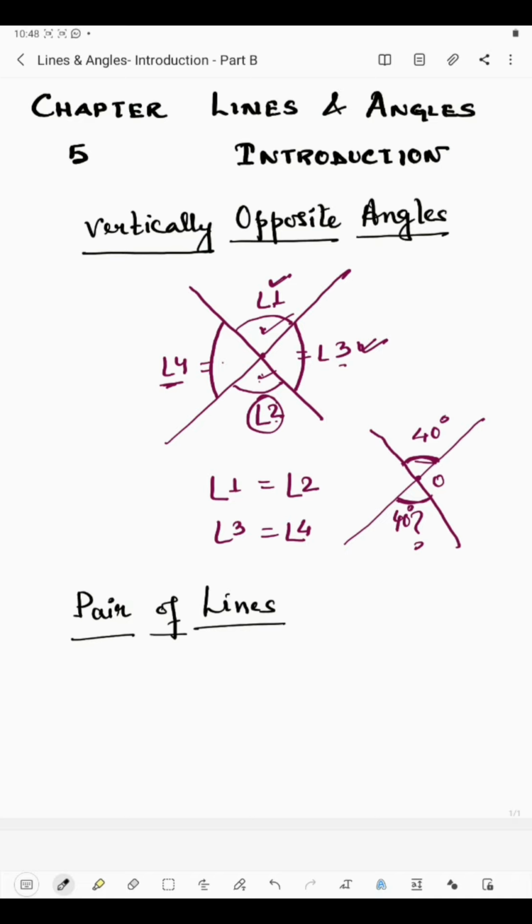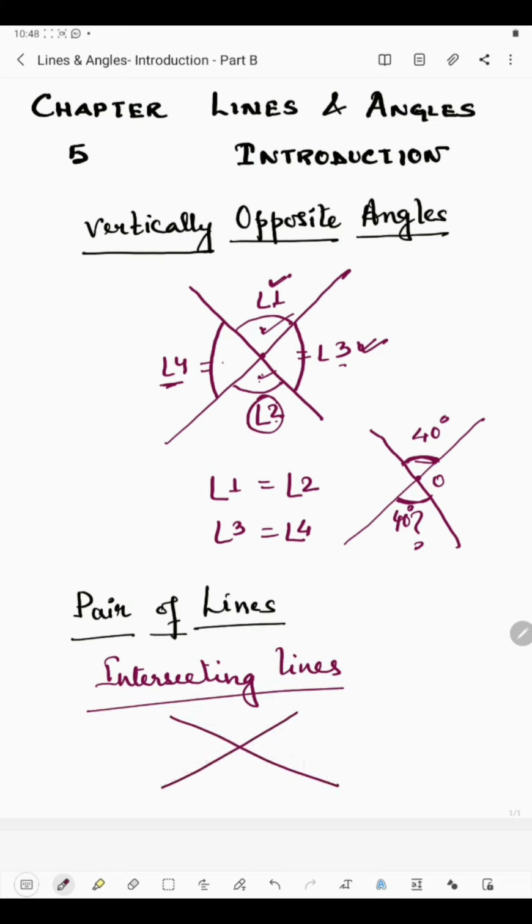Now next we have pair of lines. At first we have intersecting lines, which you already know. When two lines meet at a point or cross each other, they are known as intersecting lines, and this is called the point of intersection.